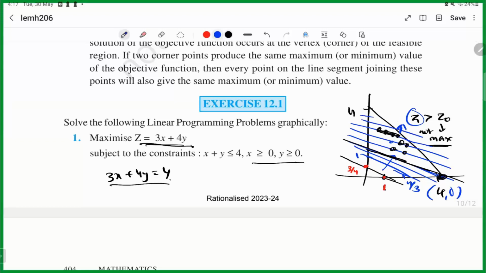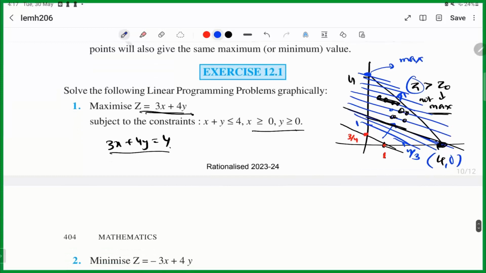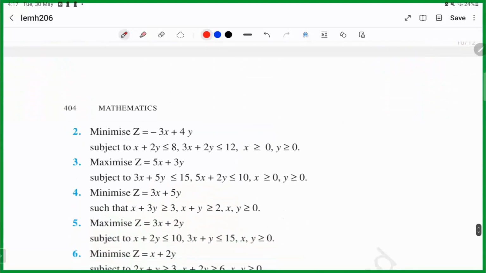Until you increase it like that, and that, until you reach this point, which is the maximum point. So from this, you can easily conclude that 0, 4 is the maximum point, and therefore the maximum of z is equal to 16, which is 3 into 0 plus 4 into 4. That is the answer.